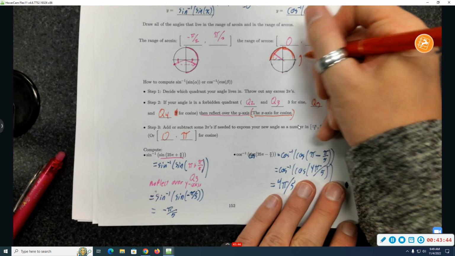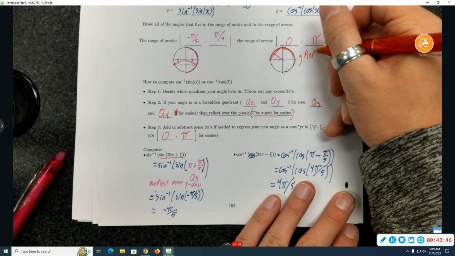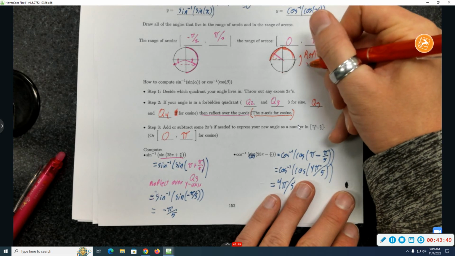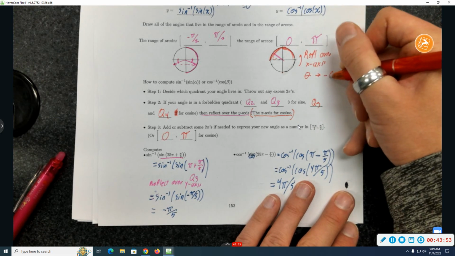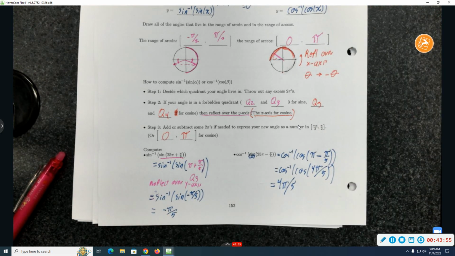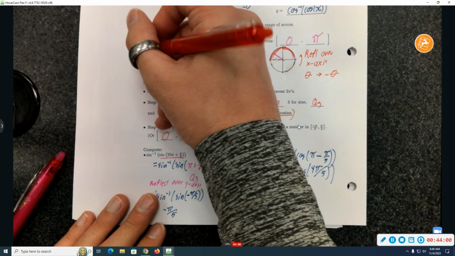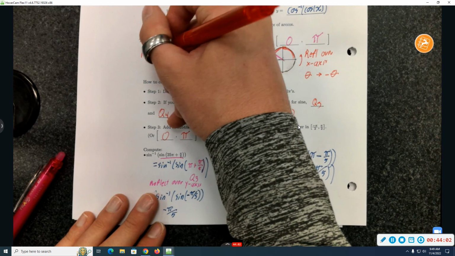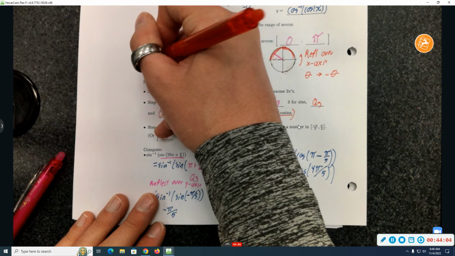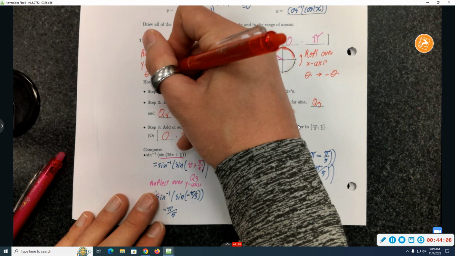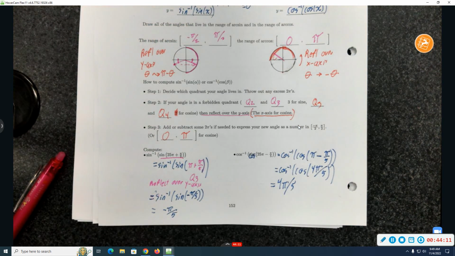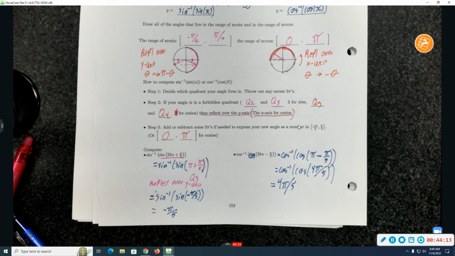So to reflect over the x-axis, that replaces an angle by negative that angle, or 2 pi minus that angle if you prefer. To reflect over the y-axis, that replaces an angle by pi minus that angle. So there are the things to think about.